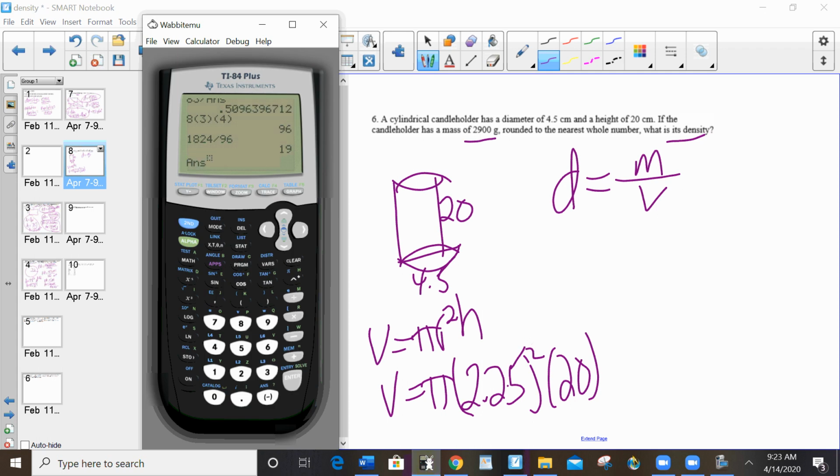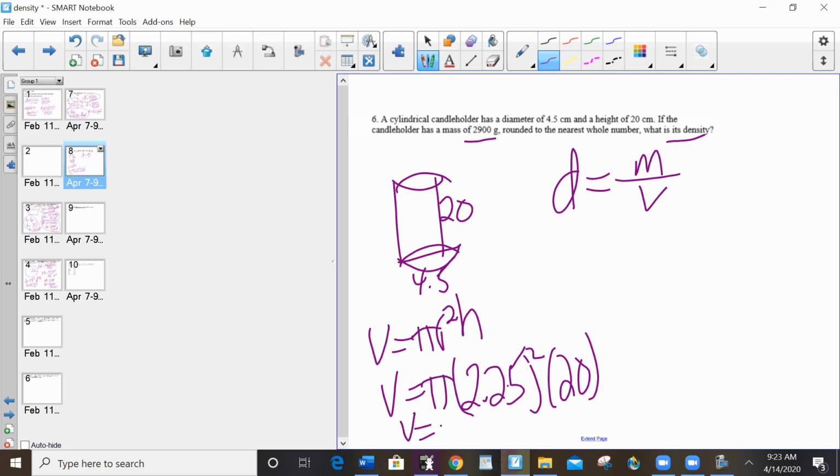Pi, 2.25 squared, times the height, 20, gives 318. So I write 318 dot because there's more after that 318.